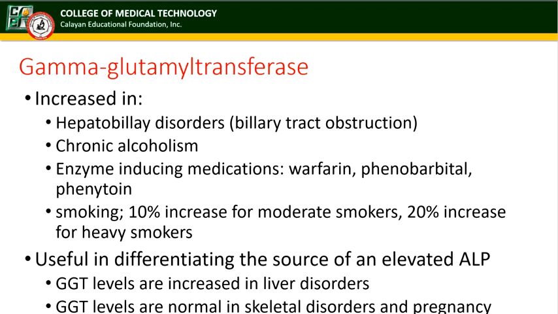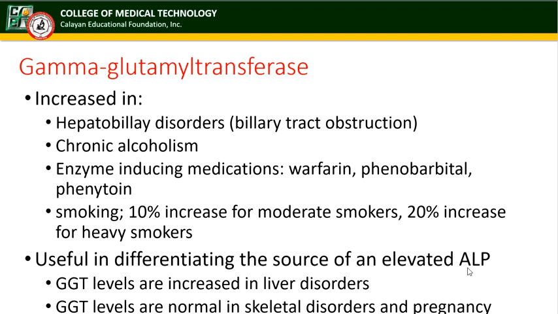Pero kapag normal yung ating GGT, yung ALP natin ay pwedeng placental or skeletal ALP isoenzymes. So parang series of tests yan i-request ng doctors, pero usually madalang i-request ang GGT. So to confirm lang siya if kailangan pang i-assess ang situation or ang condition ng patient.